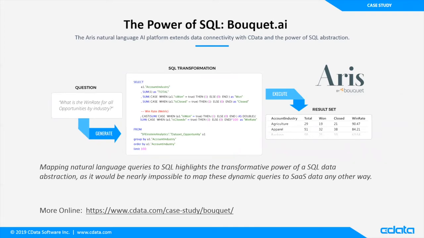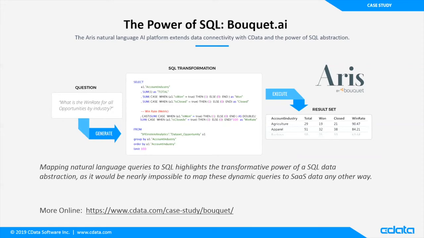So for example, what's the win rate for all of the opportunities within my industry? And so their platform will package that up and send that to your database, and then you return data that way traditionally. And so when they came to us, they were interested in extending their product with SaaS connectivity capabilities. They wanted to integrate with, I think, Salesforce Einstein.